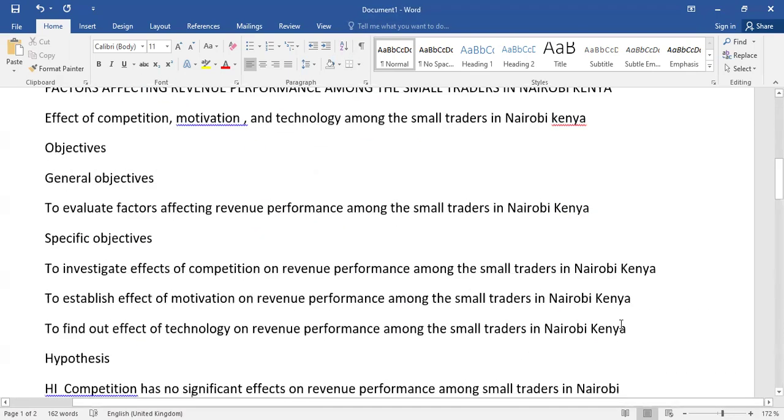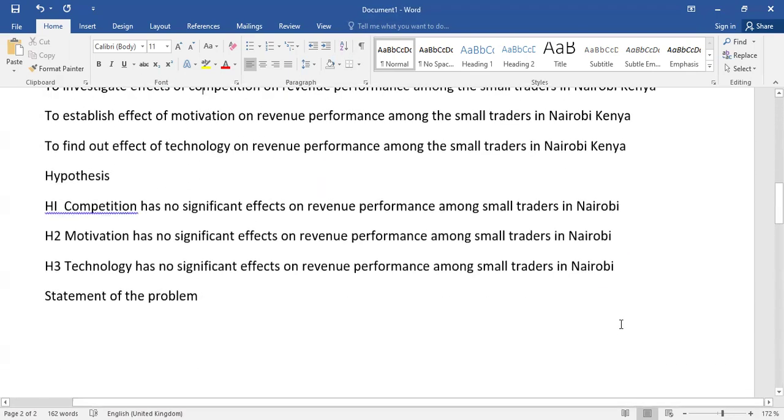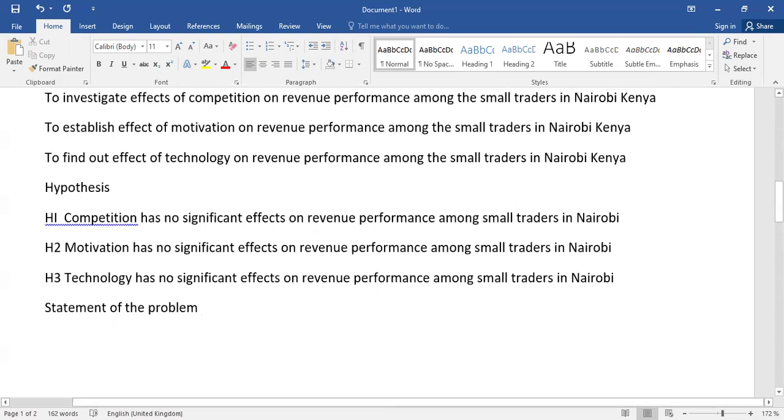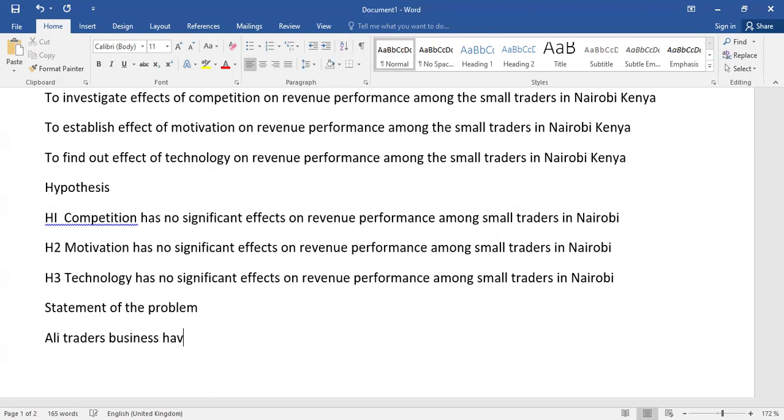We can just write a brief statement about early traders: early traders' business revenue performance has reduced.